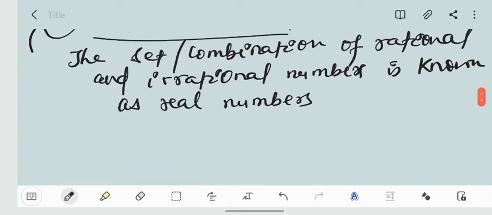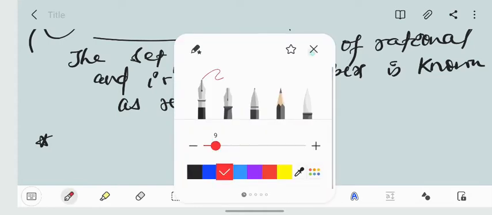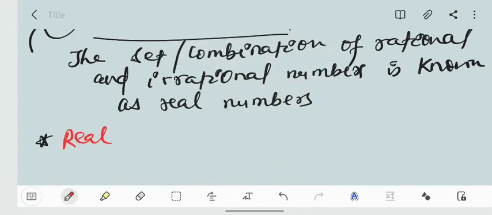Next is, not real, real is already done. So we have next in the category rational number.